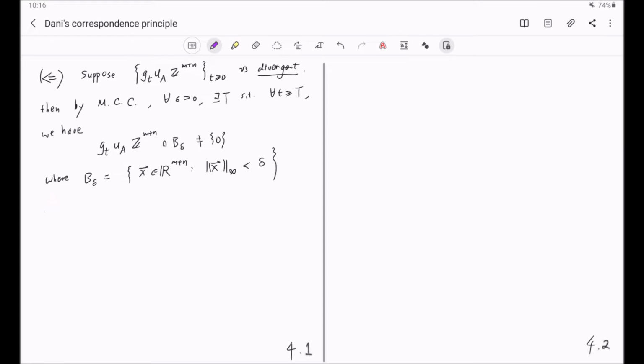Here's our goal. We want to show that this n by n matrix A is singular.